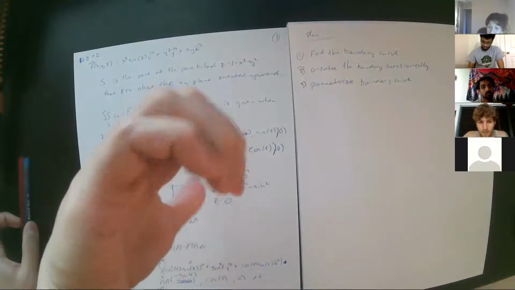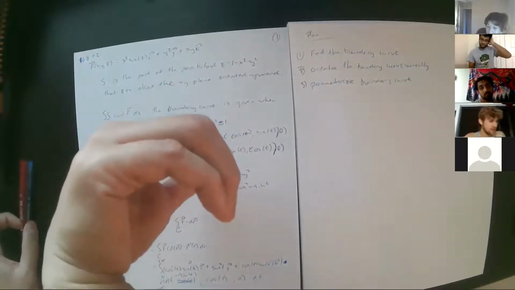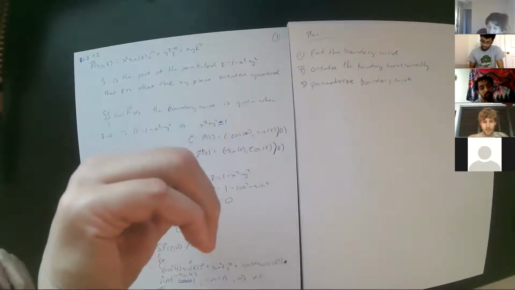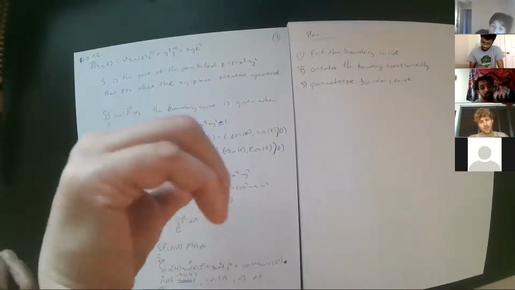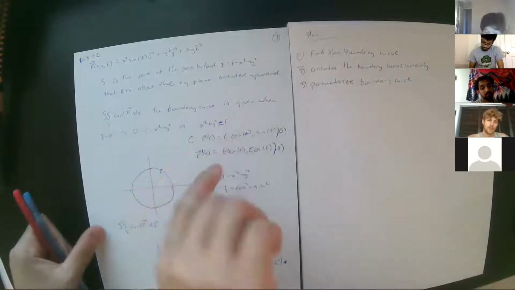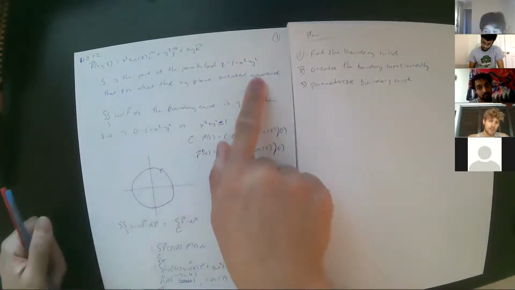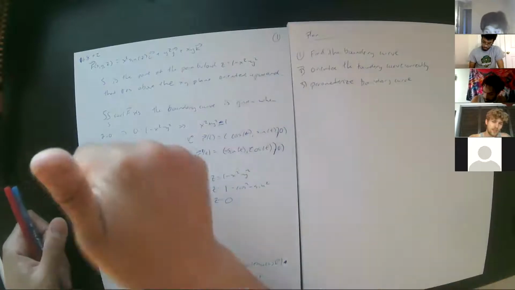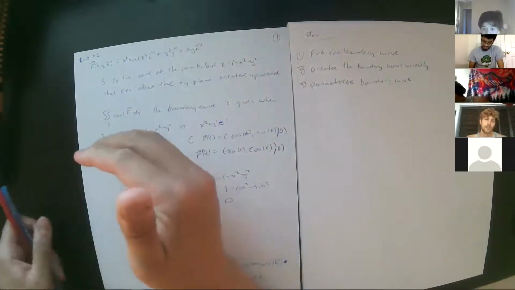My thumb is pointing down. Down? Yes. Is that right? No, because it says right here, our surface is oriented upward, right? So the only way to make my thumb point up is if my fingers point this way.